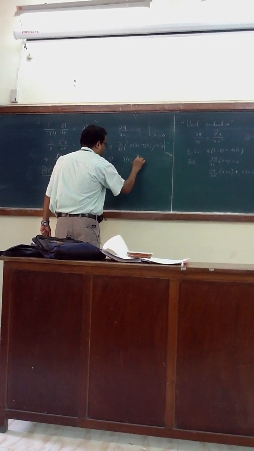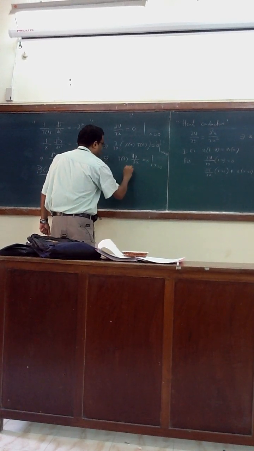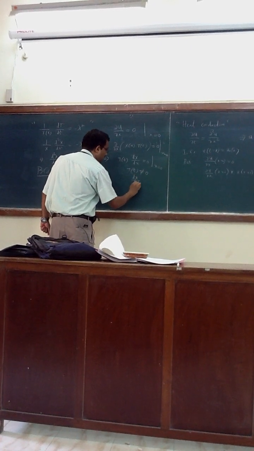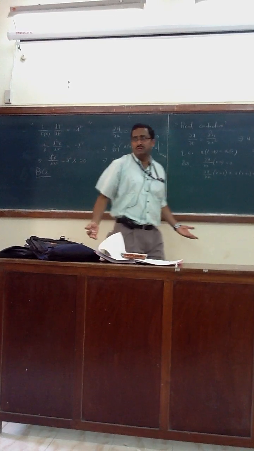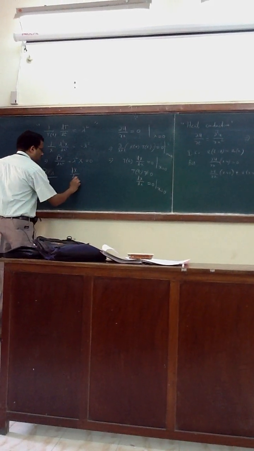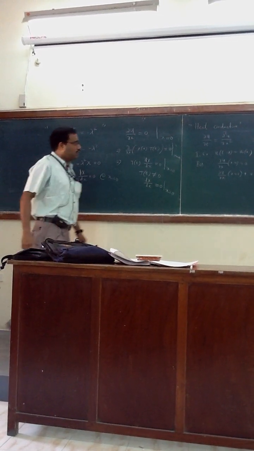It will be T(t) times dX by dx, because there is only one variable, equals 0 at x equals 0. T(t) is non-zero. So dX by dx equals 0 at x equals 0. So simple. One boundary condition we found: dX by dx equals 0 at x equals 0. What is the other boundary condition?